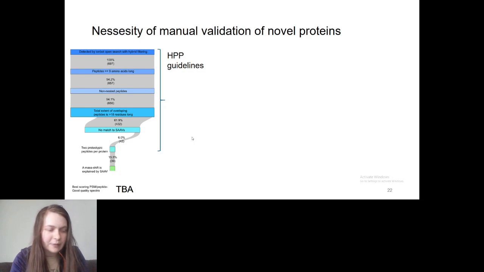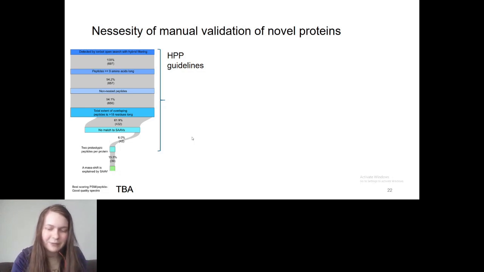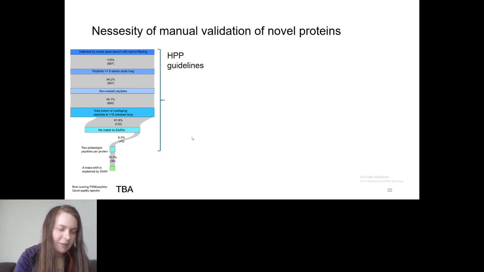Lastly, we also examined spectra manually and visually. However, I cannot tell you exactly how many of them end up good because we are continuing re-evaluation.